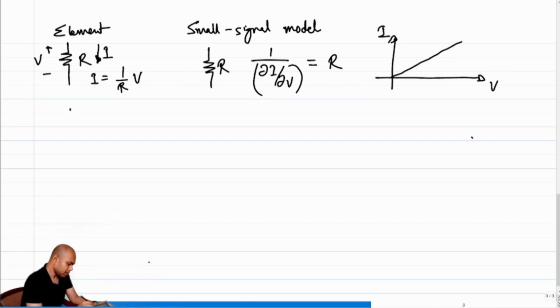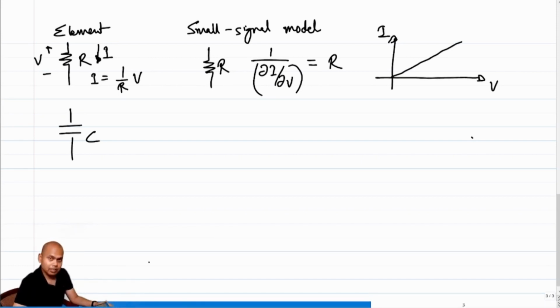What about a capacitor? When you see a capacitor, what is its governing relationship?